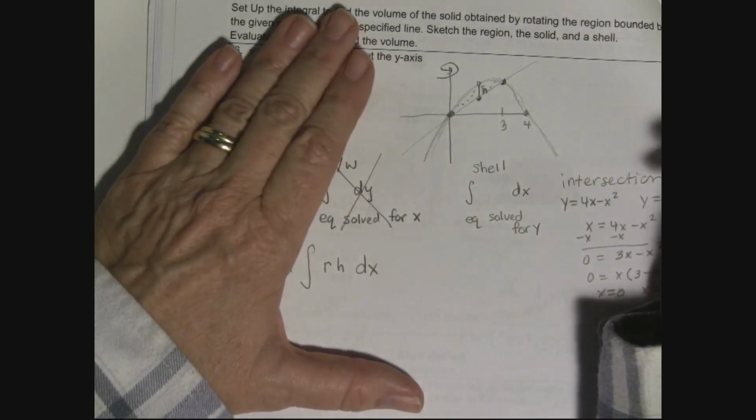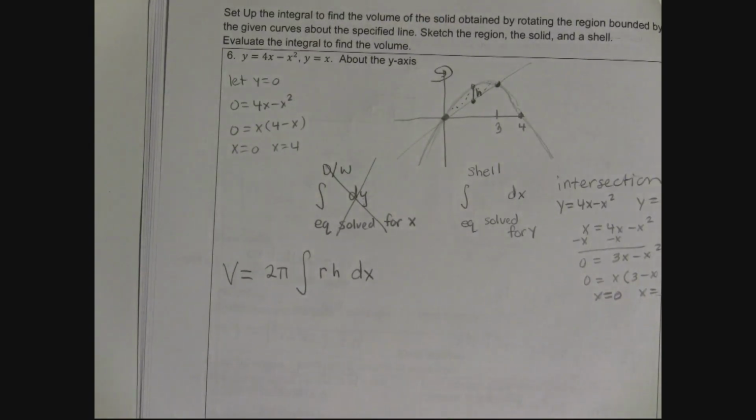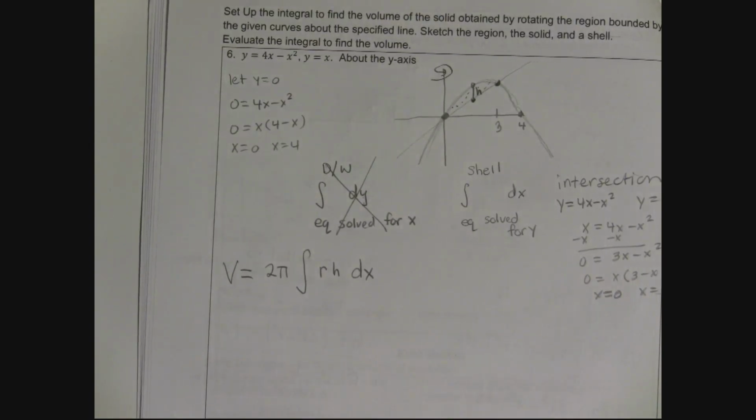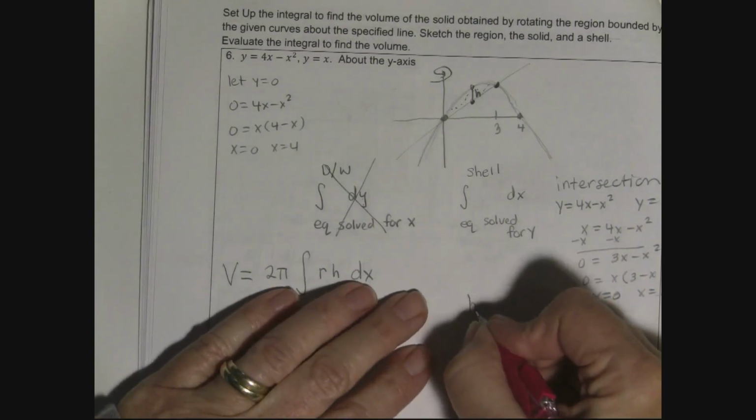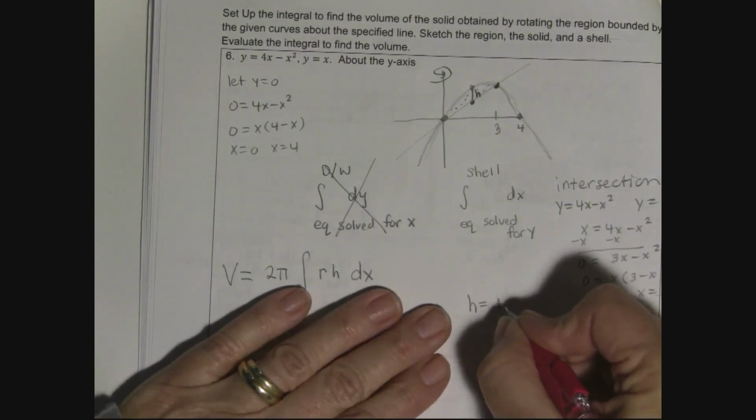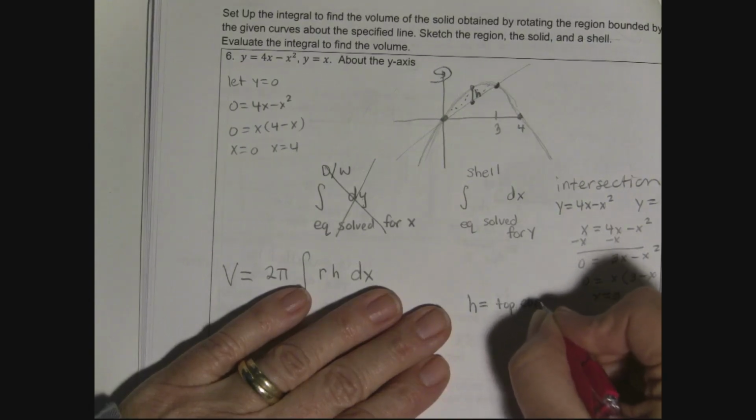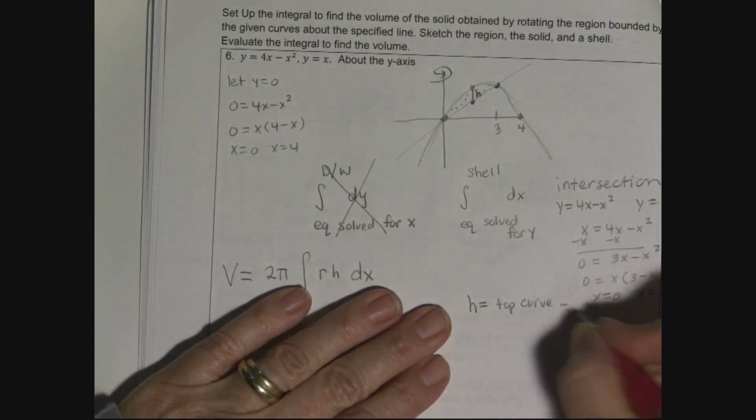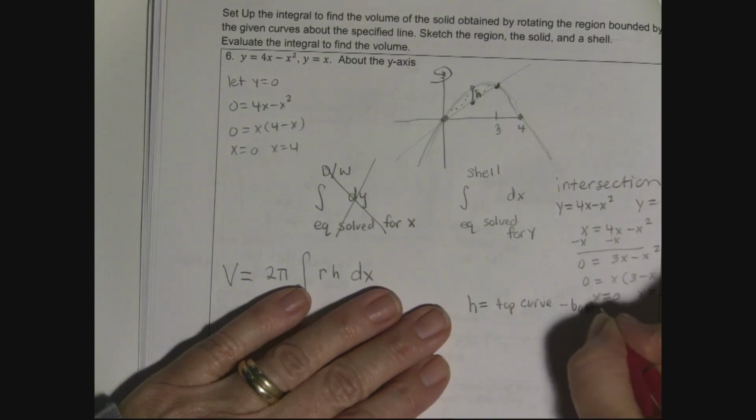And that's a typical h. The other thing I have memorized with h is when it's going up and down like this, that it's top curve minus bottom curve. So h equals top curve minus bottom curve. Oh, don't run out of room there.